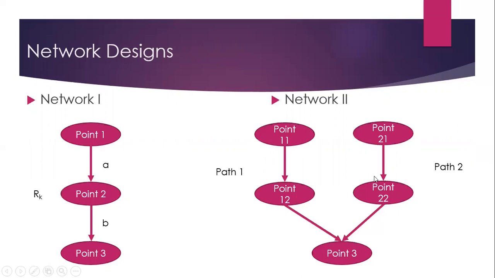Similarly, the labeling is for nodes of the second path, and there are these two paths for point 3. So networks may be complex also.